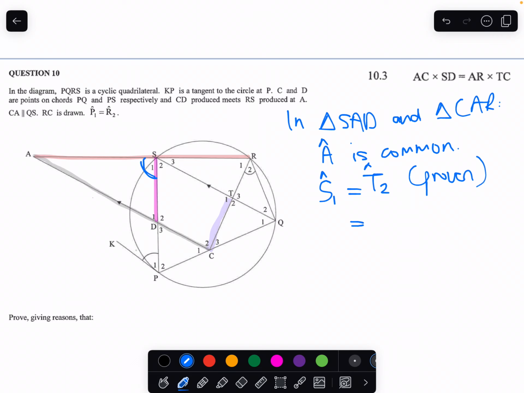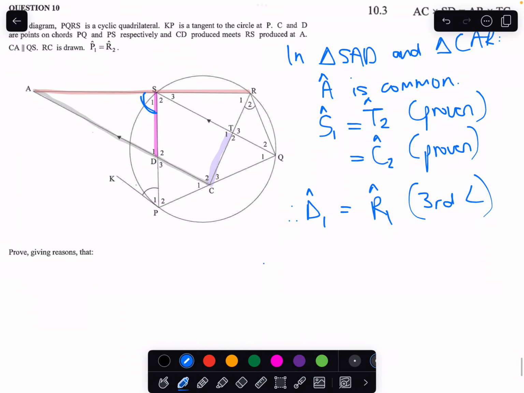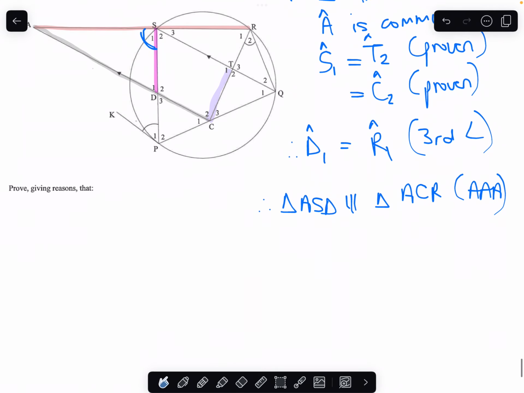And angle T2 is equal to angle C2, which we also showed in the beginning, but also it's because alternate angles. Right. And then finally, the final angle D1 is equal to angle R1 because third angle. So therefore, triangle ASD is similar to triangle ACR because of angle, angle, angle, right?